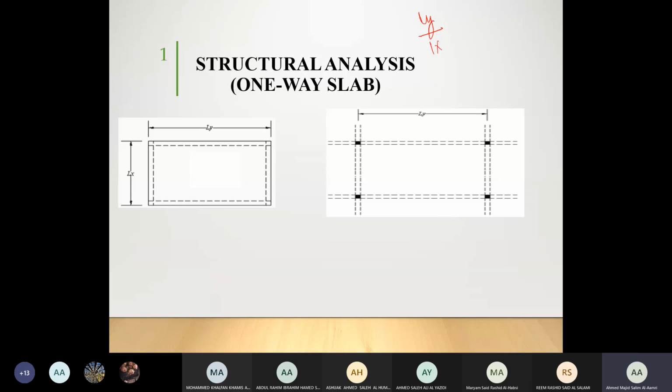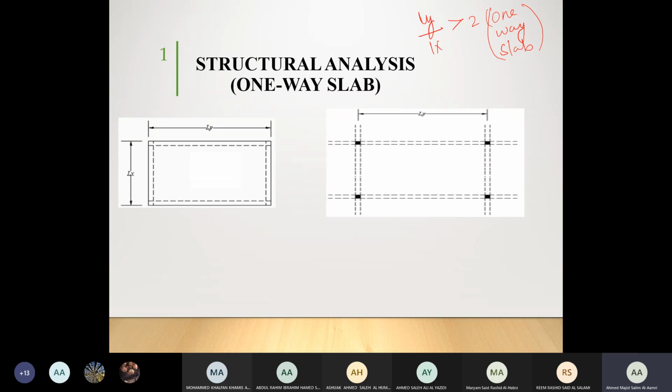If your Ly over Lx is more than 2, then this turns out to be a one-way slab. In short, if you have in your slab one dimension very long and the other relatively short, then it tends to be a one-way slab. If the dimensions are close to each other, then of course it's going to be a two-way slab.